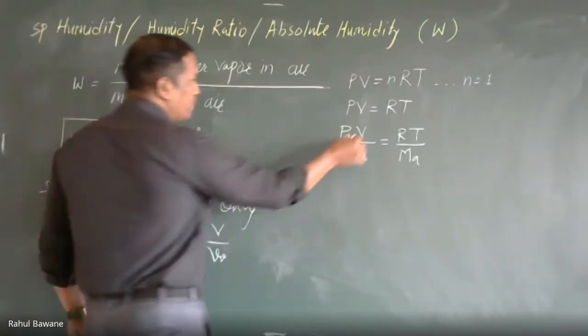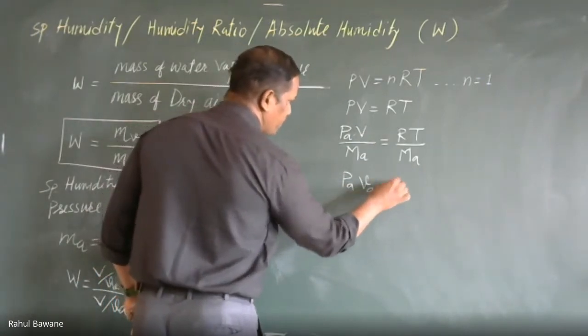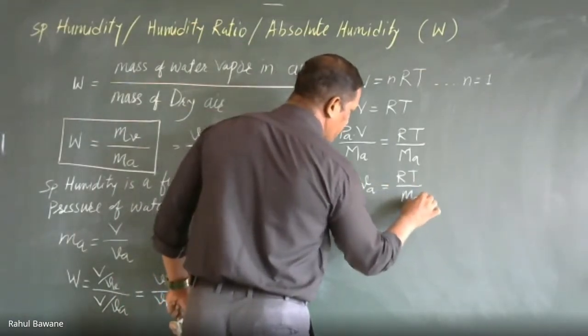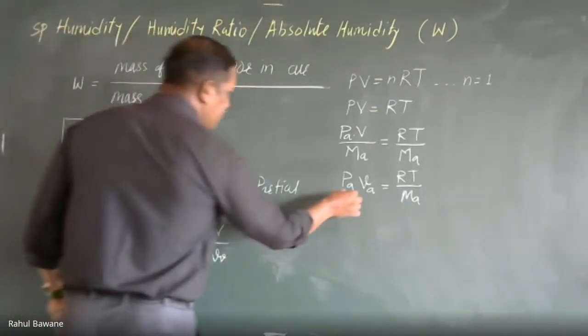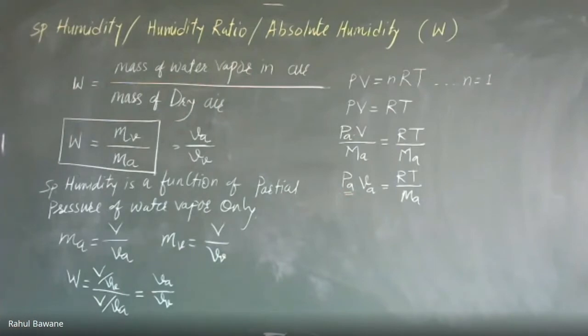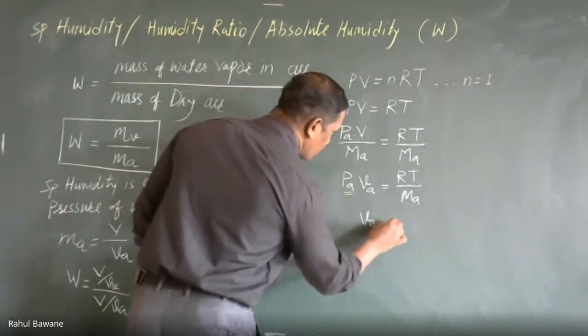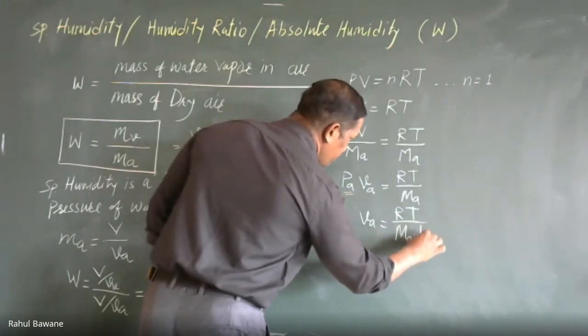Now total volume divided by molecular mass becomes the specific volume of dry air, RT upon Ma. What is this Pa? It is a partial pressure. And we are interested in replacing specific volumes, so the specific volume will be RT upon Ma Pa.